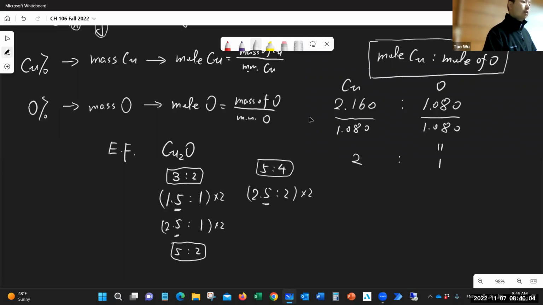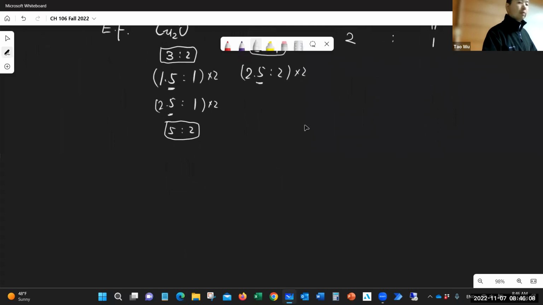Okay, so generally this is how we figure out the empirical formula based on the percent composition. And the next part, we figure out how to get the molecular formula based on the empirical formula. We talk about the difference between the empirical formula and the molecular formula.